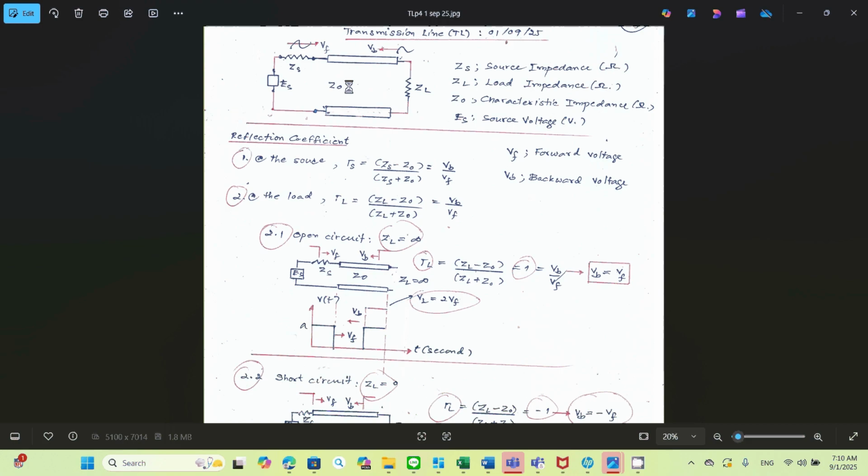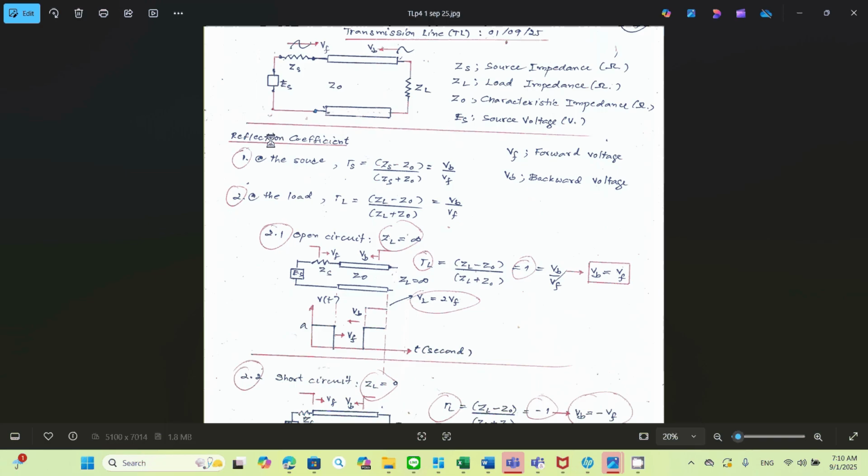Your goal is to match impedance. In this case, it means you try to make Z_L equal to Z0, so you have no reflection from the load end. You want the clean signal at the load end.